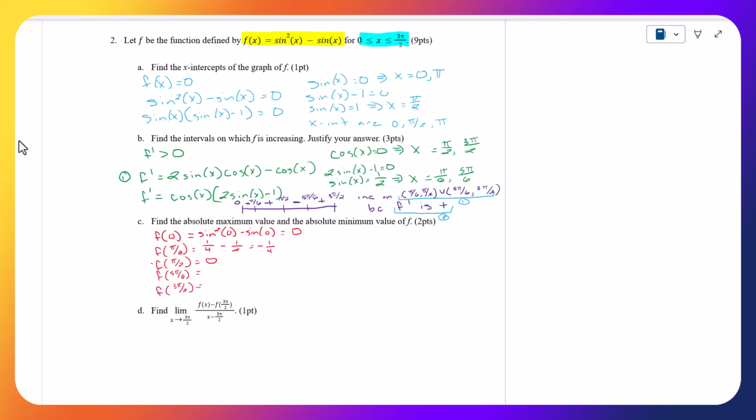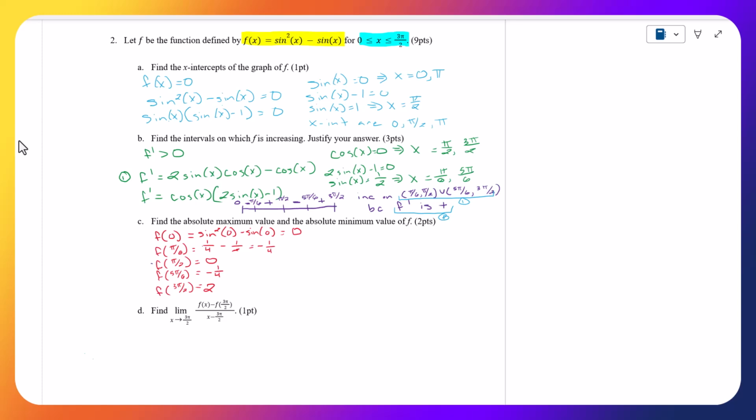And then finally 3 pi over 2, sine is negative 1. Negative 1 squared is positive 1. Positive 1 minus negative 1 is positive 2.